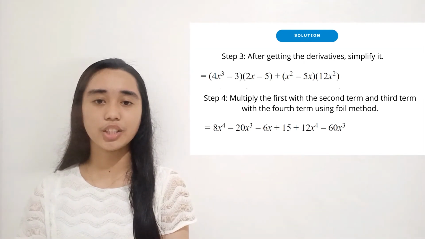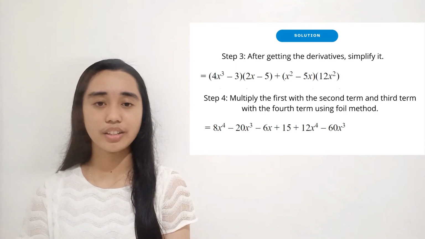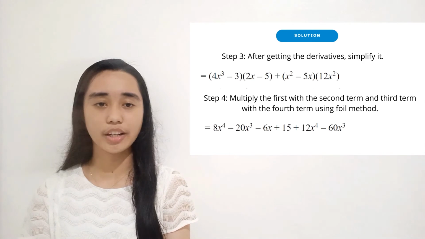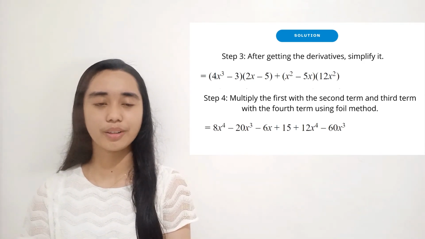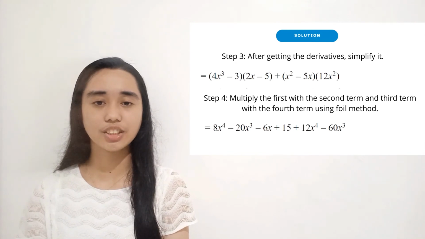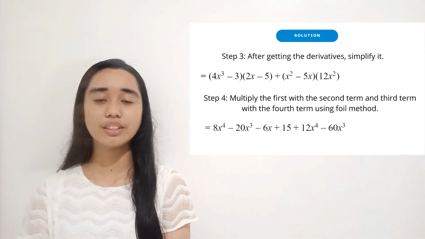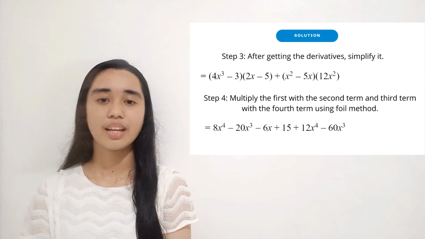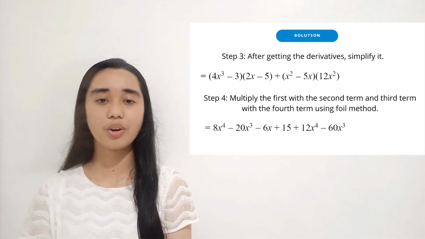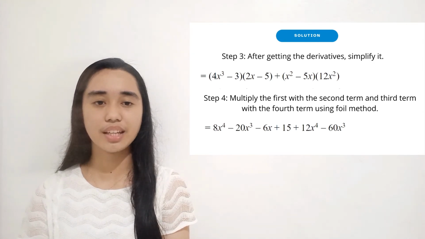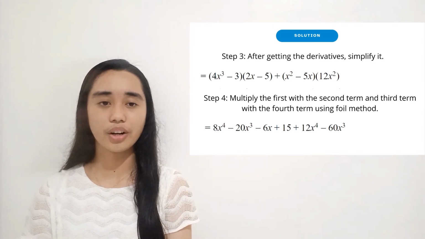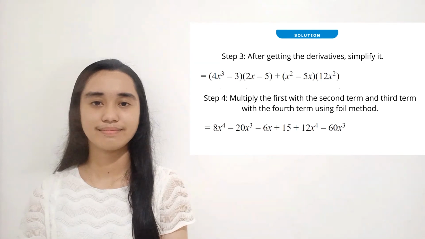For x squared minus 5x and 12x squared, we just have to multiply x squared with 12x squared, making it 12x to the power 4, and multiply negative 5x with 12x squared, which equals negative 60x cubed. Now we have 8x to the power 4 minus 20x cubed minus 6x plus 15 plus 12x to the power 4 minus 60x cubed.